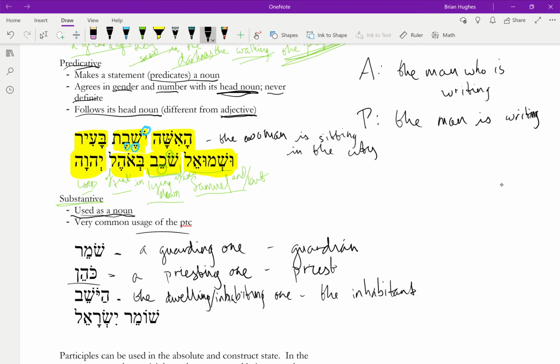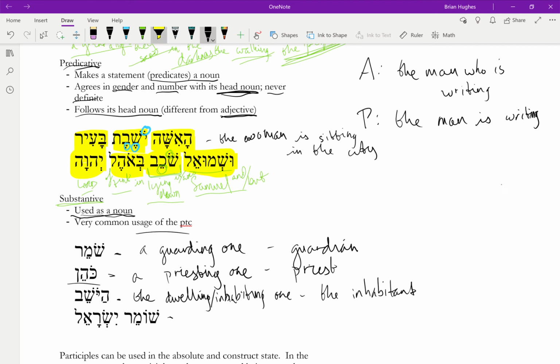But so here is another example of a substantive use of a participle acting as a noun, to give you, again, this person is being described by their activity. So we're identifying them as those who inhabit. That's their kind of standout attribute right now.